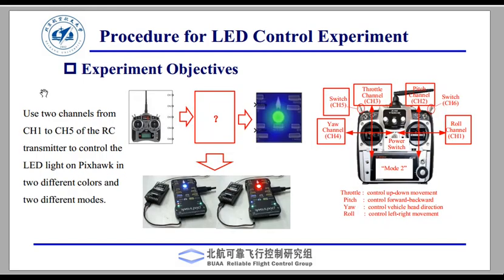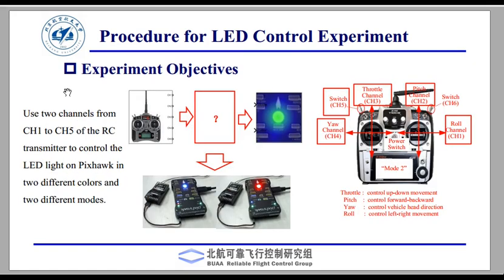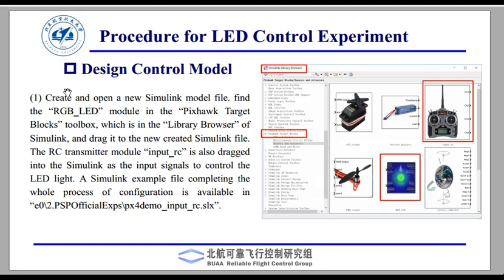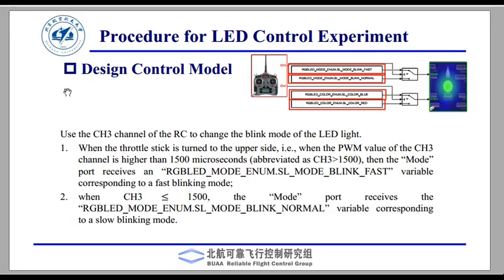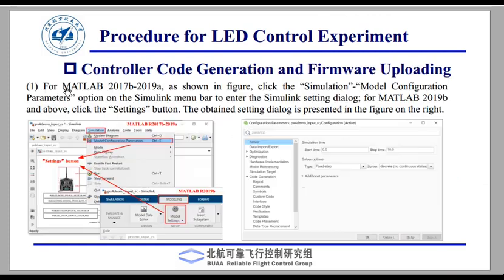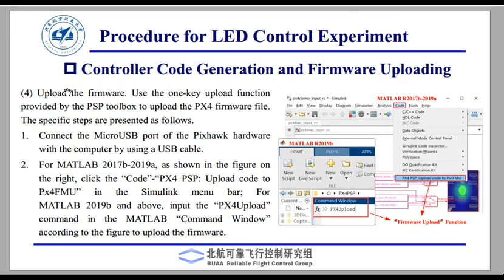Okay, the objectives and the procedures will be done in TeamViewer because the procedures are step by step. It is step by step procedures, practical procedures, which should be done by hand.